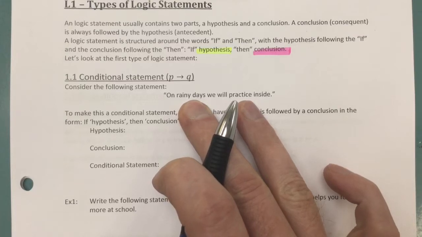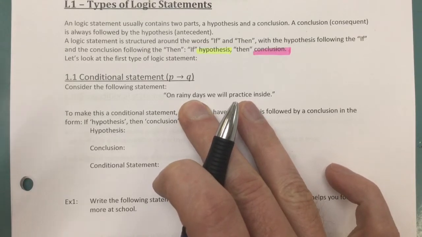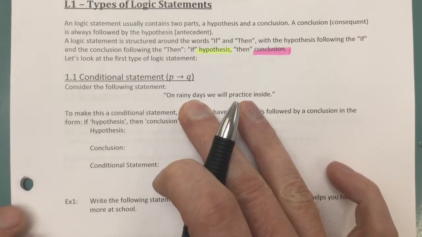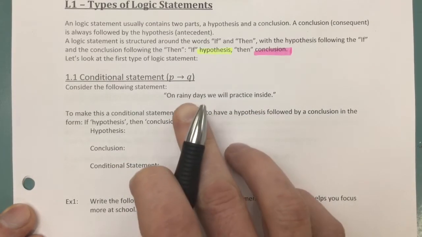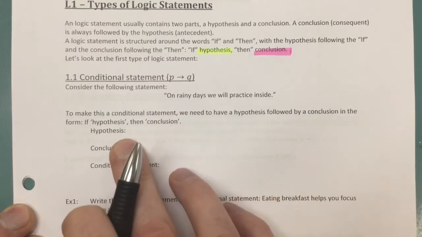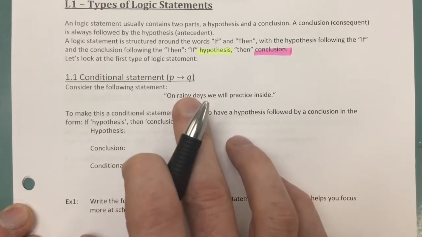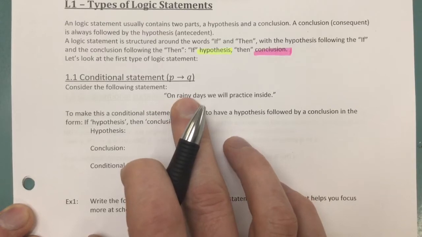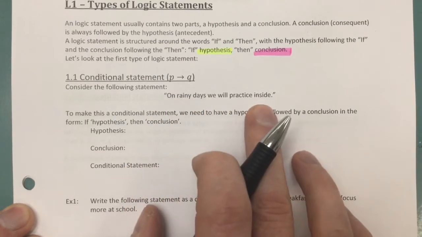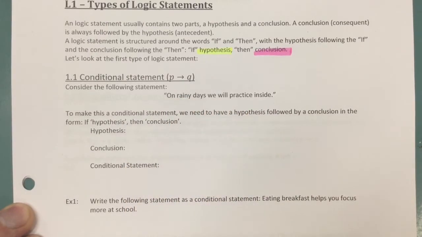In other words, what is the part that is necessary to lead to the conclusion? In this case, the hypothesis would be the rainy days. That rainy day will lead to the conclusion of practicing inside. So the hypothesis is rainy day, and the conclusion is practice inside.